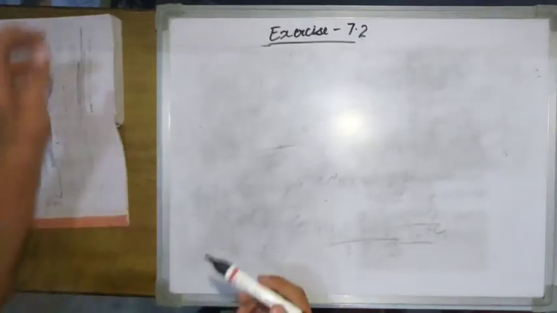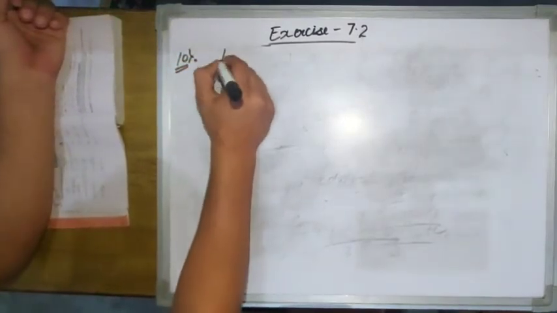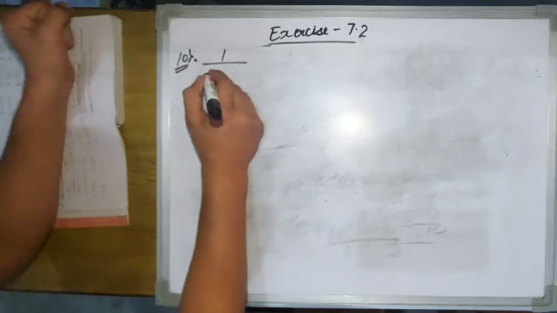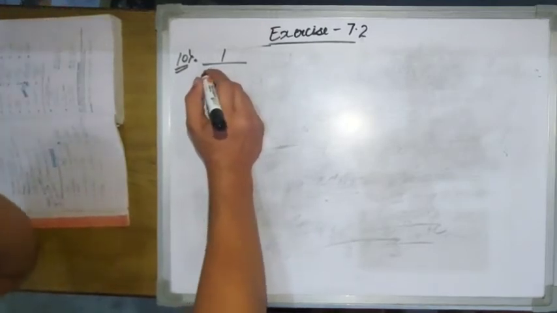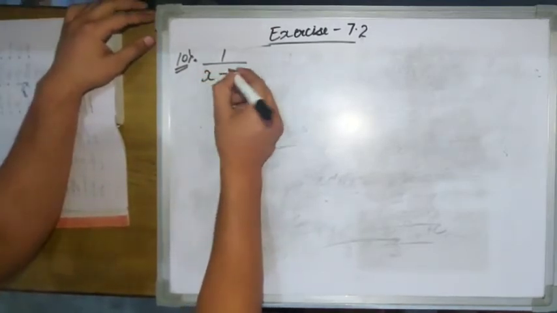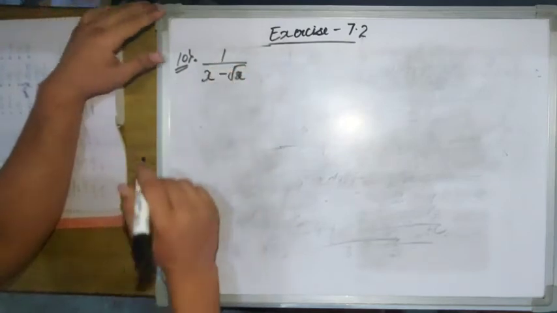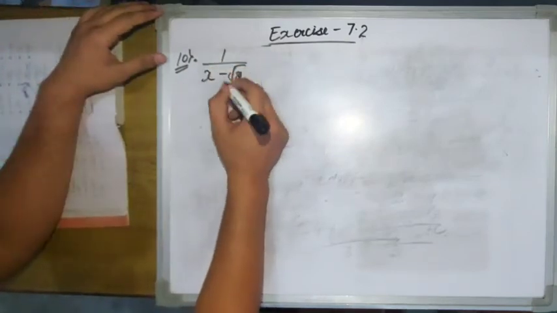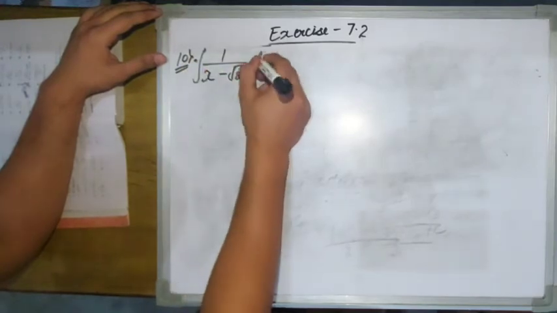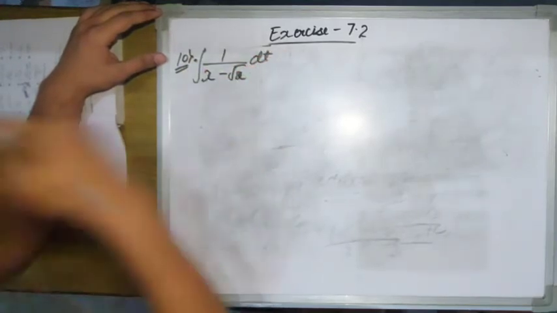Our 10th question is 1 upon x minus root x. I am taking out root x common for making the question easier.